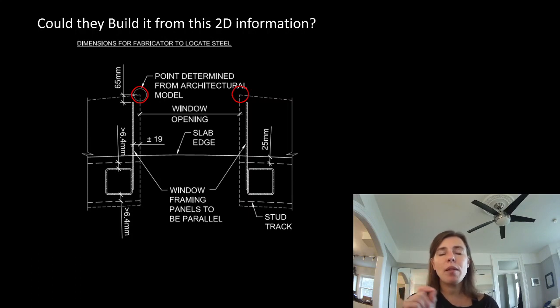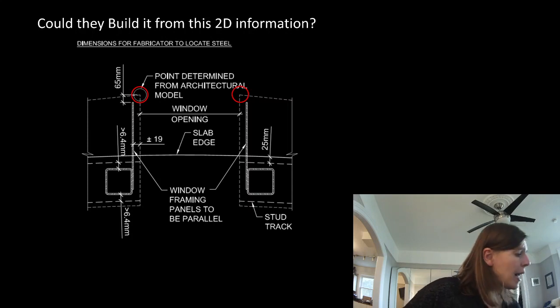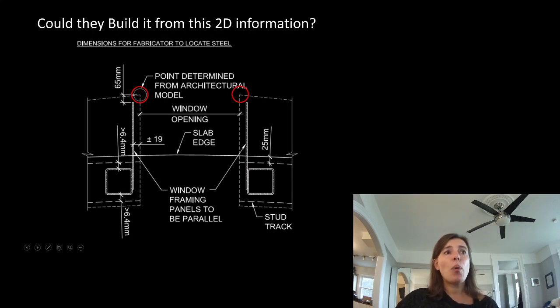We gave them an incredibly tight tolerance. We said that the steel frames need to be less than 6.4 millimeters away from the stud track perimeter, so that the stud had play to be built into, and that stud track had to be 25 millimeters back from the edge of the concrete surface.